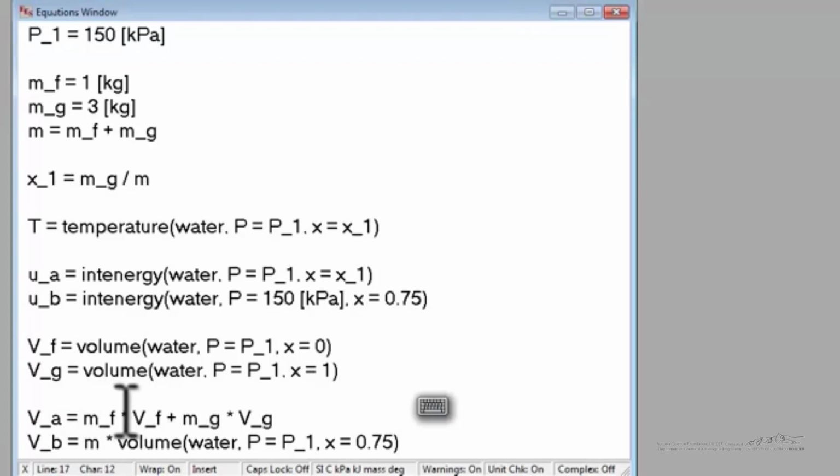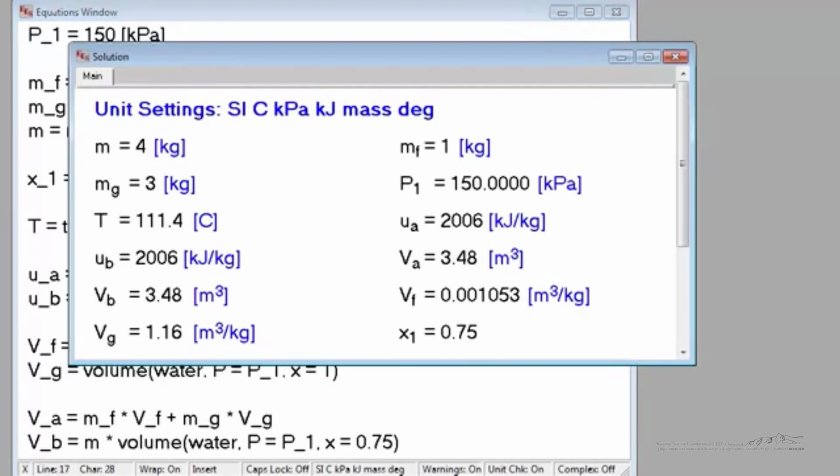So this would give me the total volume of the fluid, plus the mass of the vapor times its specific volume. Adding those 2 together, I ought to get the total volume of the system. And I can also do it by multiplying the total mass in the system times the average specific volume of the system itself, which I calculate using this command. So when I run it, I get a report of all my variables.